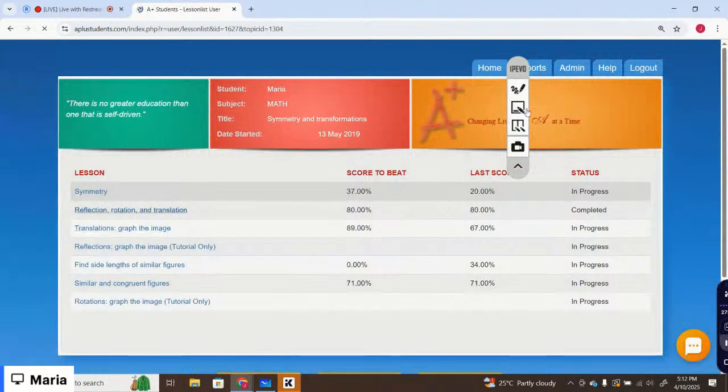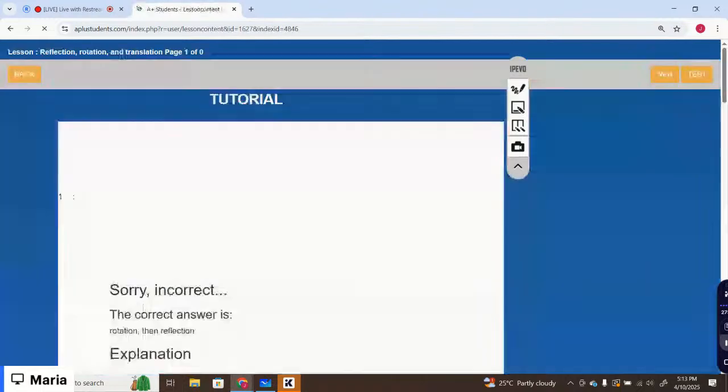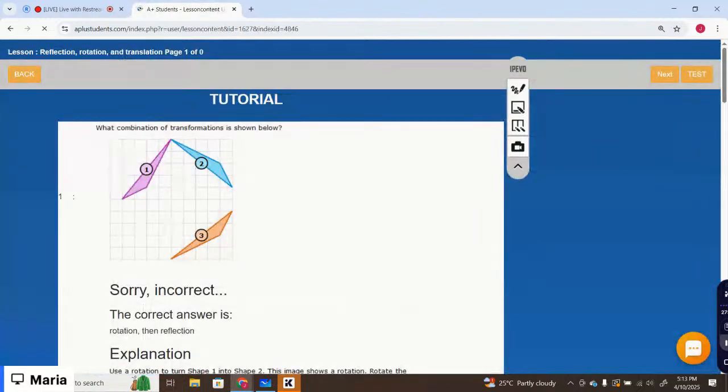The next lesson is reflection, rotation, and translation. What combination of transformations is shown below?